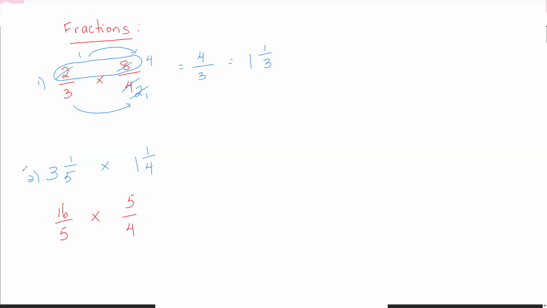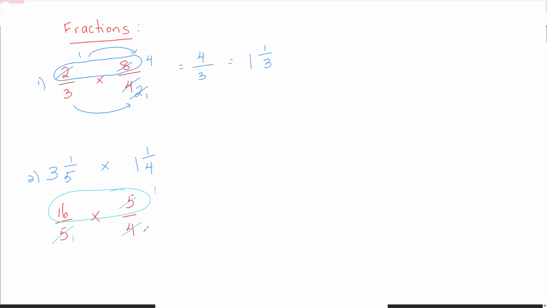So we encircle our numerators, and you look below and you see if any of the numbers can be found in the same timetable. So I see 5 and 5. So I could say 5 into 5, 1. 4 and 16 can both be found in the 4 times table.